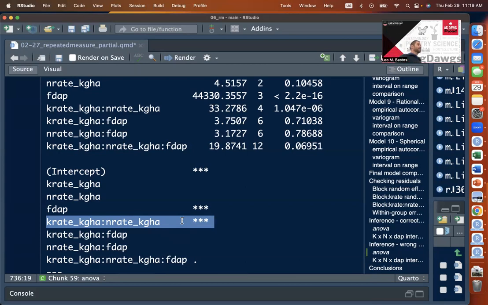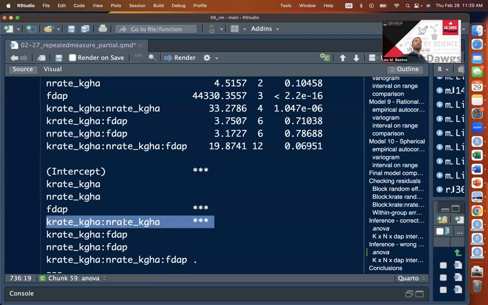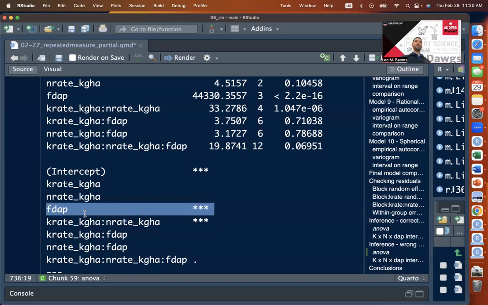Okay, so here's a good point for us to talk about. So notice that our most complex interaction here, in this case, with alpha 0.05 was K rate and nitrogen rate. And then we have the main effect of days after planting. What I would do is actually do two plots, one for K rate and nitrogen rate by itself, and then maybe a plot or a table or even just a sentence since we only have 4 dates.